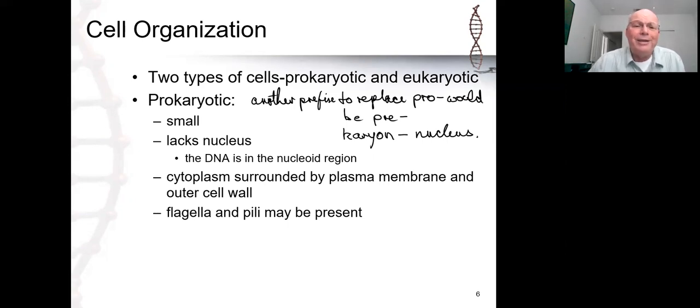And if there wasn't a way of protecting the cell from this constant influx of water, it would swell up and burst. So prokaryotic cells also have an outer layer referred to as the cell wall. It's semi-rigid, and it limits how far the cell can swell. And because you limit how far the cell can swell, it also prevents water from coming in.